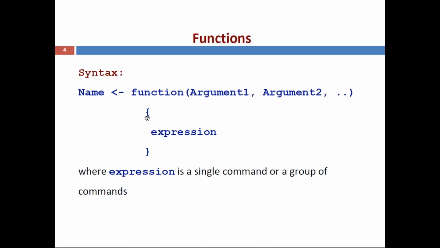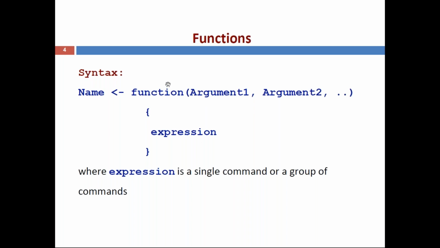Then the body of the function with open braces. Here you can type a command or expression, then close the brace, where expression is a single command or a group of commands. Here two types of expressions are there, a single command or a group of commands.